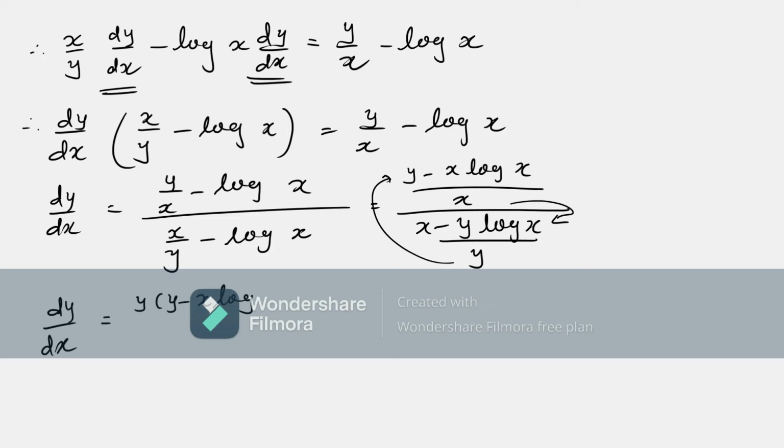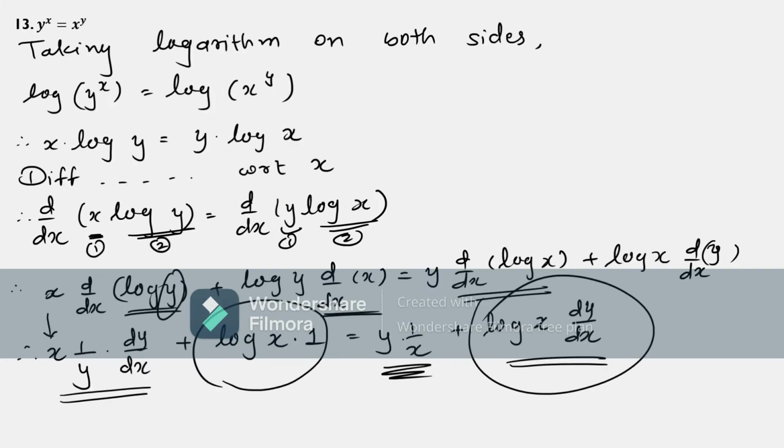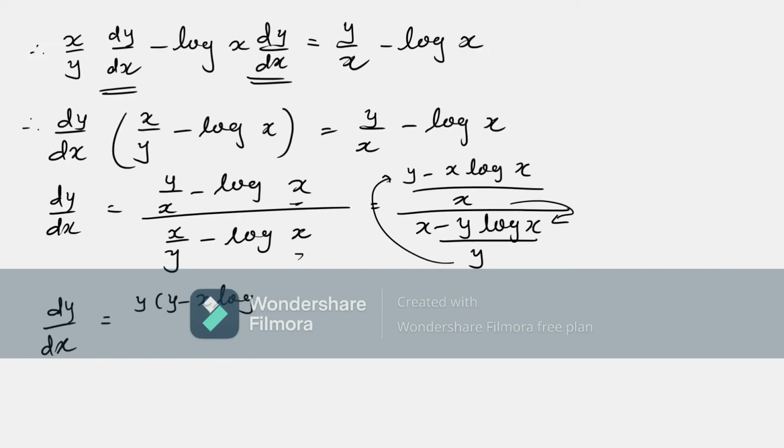Just a second. So here we have already done log y, and because both are having log x, that is not possible, so somewhere we missed something. Yeah, here it is log y. Okay, it will be log y, so that means it goes to the right hand side, then it will be minus log y.